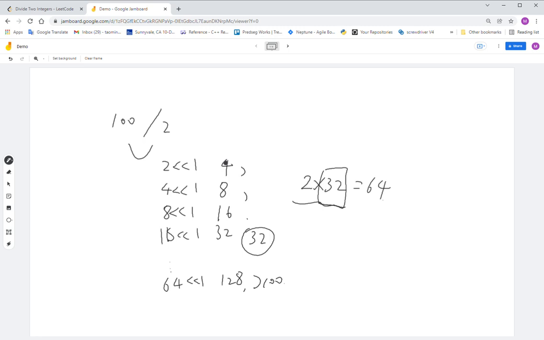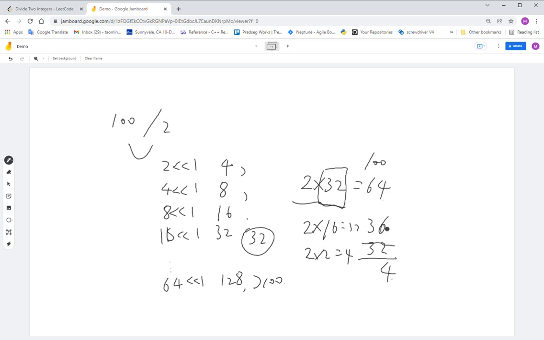Then what is the rest? Is 100 minus 64, so it's 36. We do the same thing, so we get 2 times 16. We get the 32, right? So 36 minus 32 is 4. So right now we already have 2 times 32, 2 times 16, and then this one is 2 times 2 is 4.